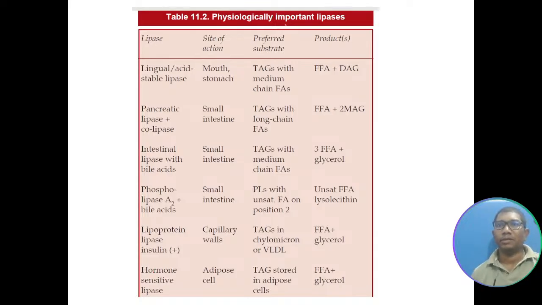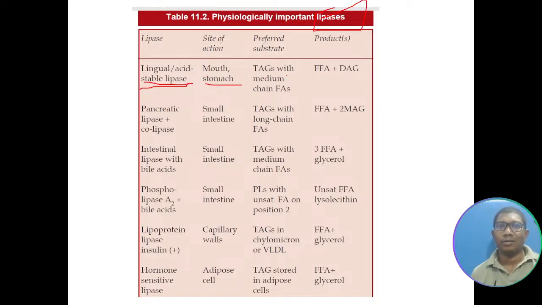Physiologically important lipases. What are the different lipase enzymes? For example, first, sublingual acid stable lipase. It is found in the mouth and stomach.